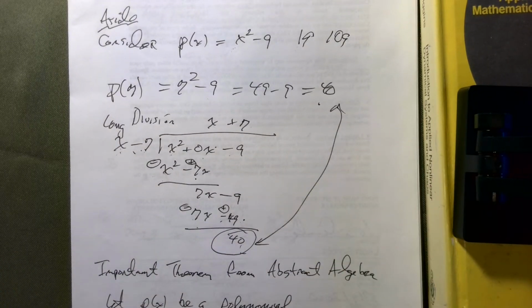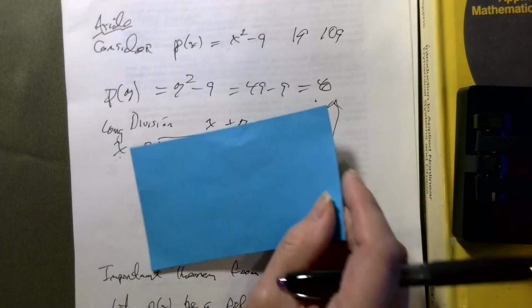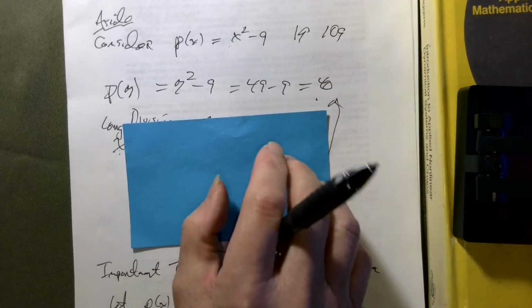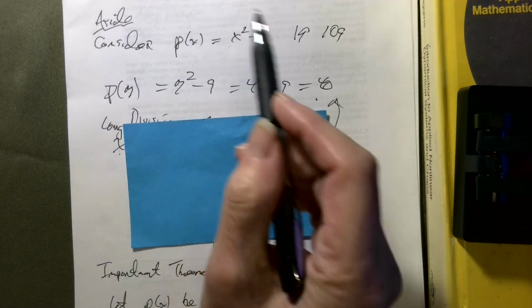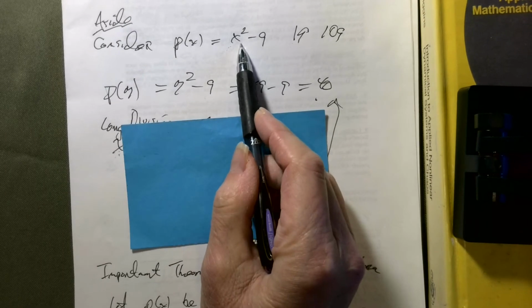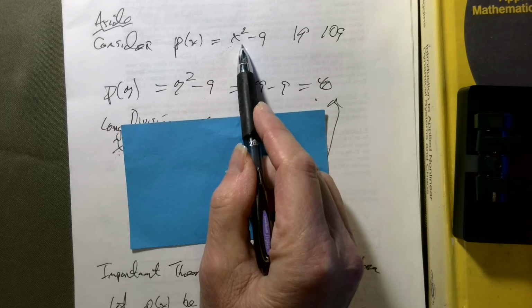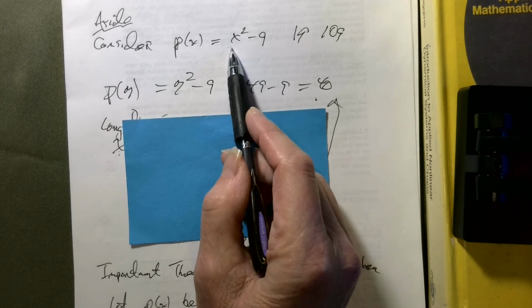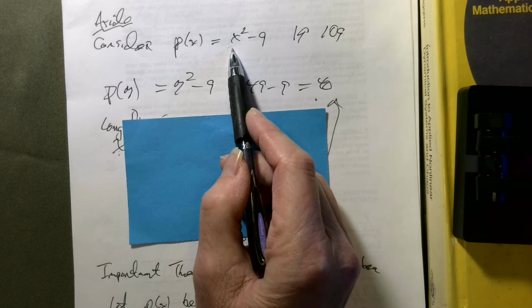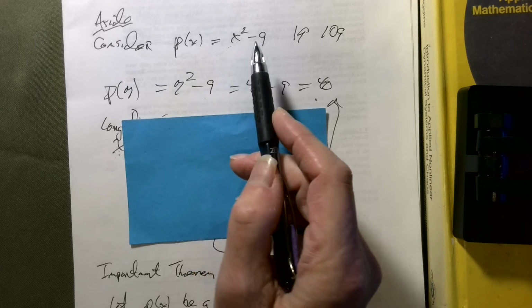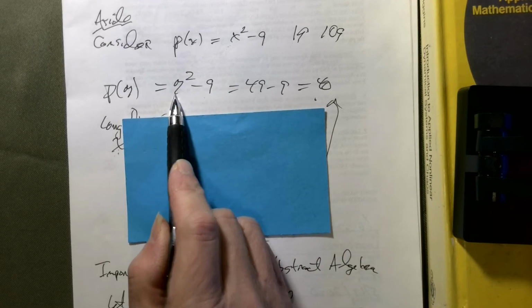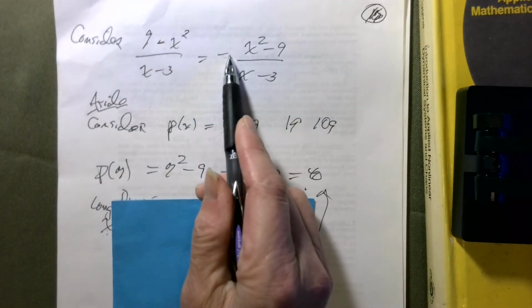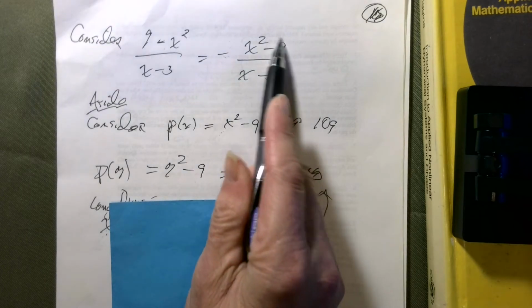Okay, so what I'm going to do is evaluate this polynomial at 7. Where did 7 come up? I just made it up. I chose 7 at random. Alright, so if I put in a 7, and we pulled out the negative, I'm just looking at this part right here.